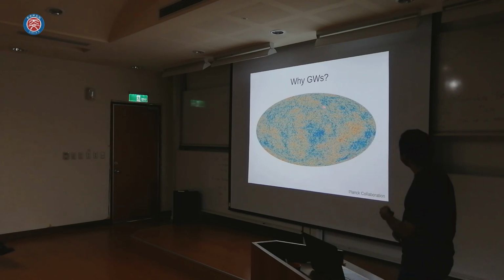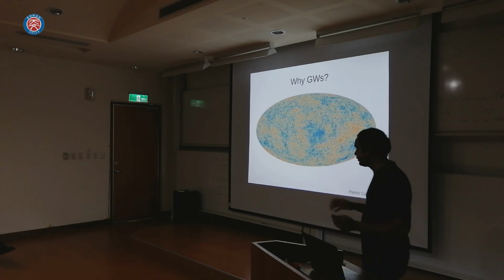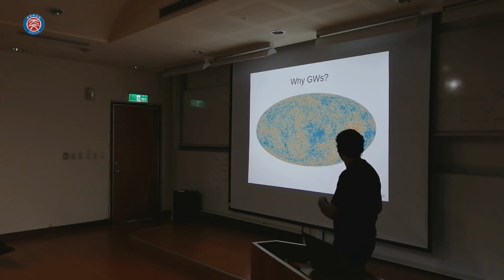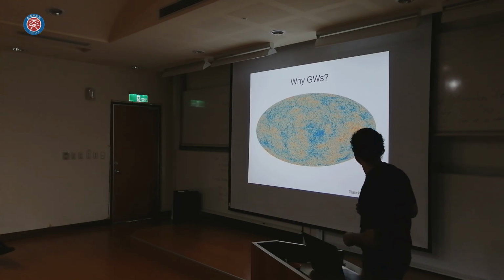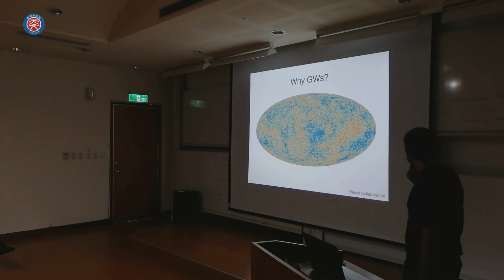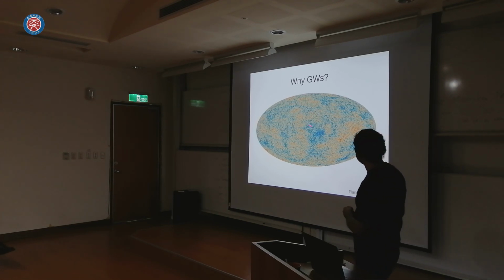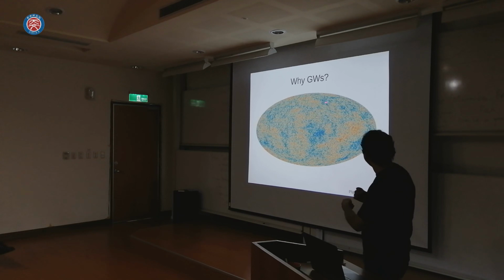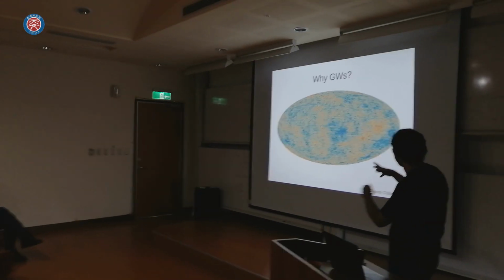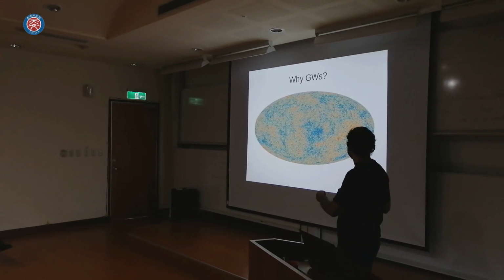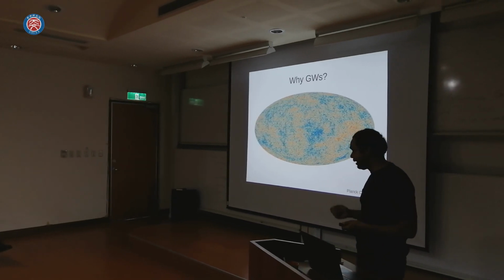I'm sure most of you have seen this map before. This is the map of the CMB temperature fluctuations from the Planck collaboration. What this map shows is that all these points represent the temperature fluctuations of the cosmic microwave background.